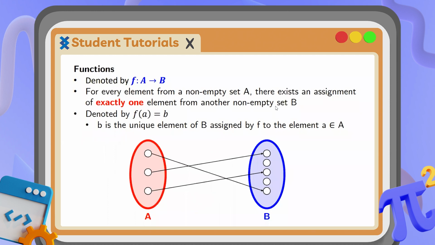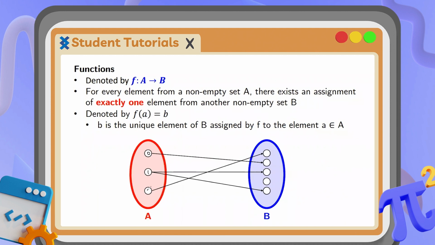So let's look at more examples. Here we have set A and set B again, where the inputs have exactly one output in the set B. Because of this, it does not map to more than one output or to no outputs at all, so we can say that this one is also a function. For the next example, here we have element 0 and 1 and 2.